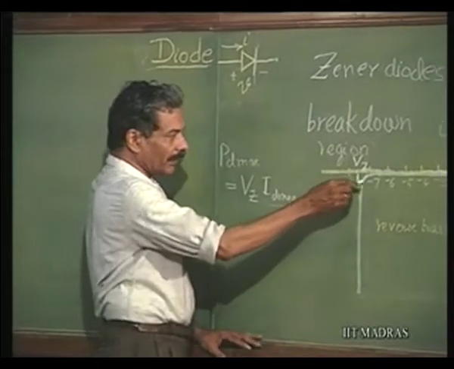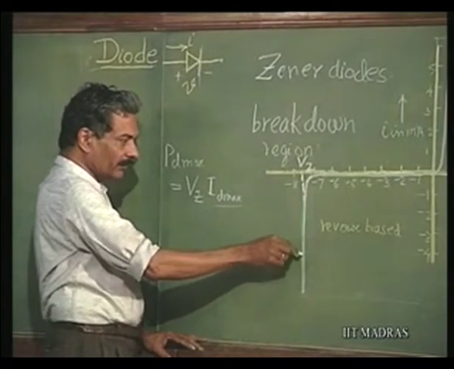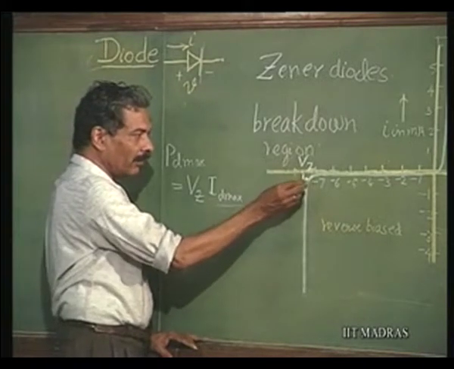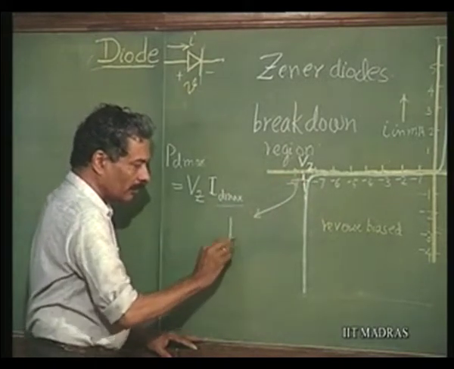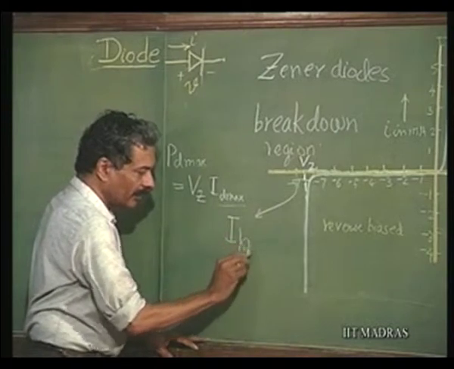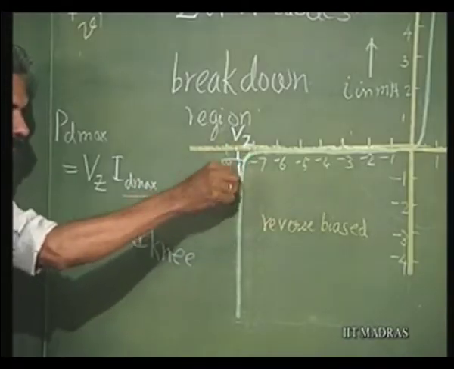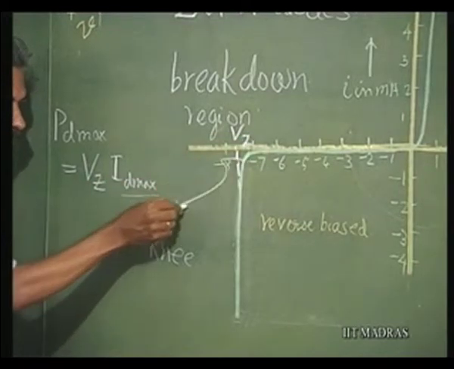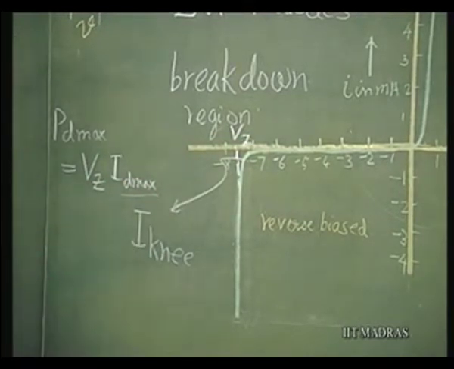Then there is also a current beyond which this voltage is going to be pretty constant, and that is called the I knee current. This is in the form of a knee, right. So, this is called the knee current.